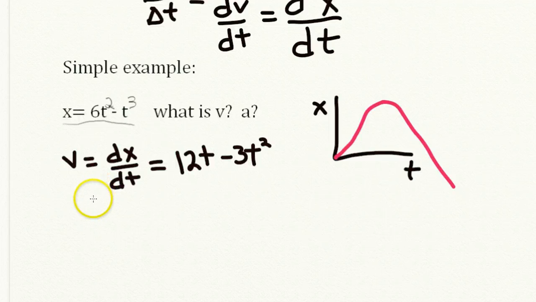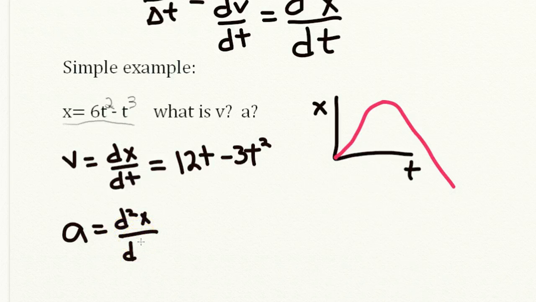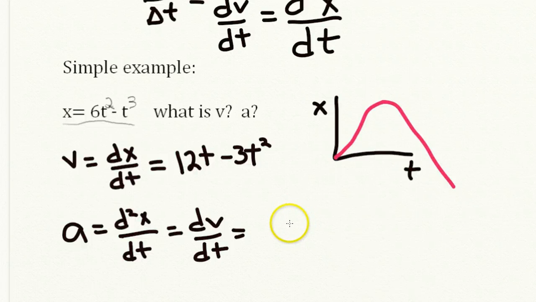So that's an expression for the velocity, and the acceleration is that second derivative of x with respect to time, which could also be written as the derivative of velocity with respect to time, which I can get right from here, and that would be 12 minus 6t.